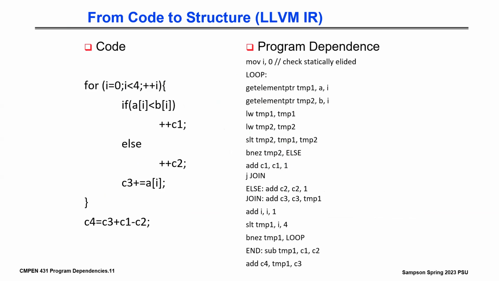So this is a snapshot from an LLVM IR. It's not exactly MIPS, but it's pretty close to three-address code other than these get element pointers, which would turn into multiple instructions in a RISC ISA, where they're just computing the address. So think of this as a straight line run of things that are dependent on I and A.